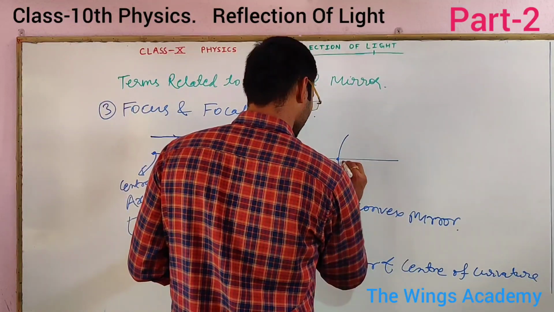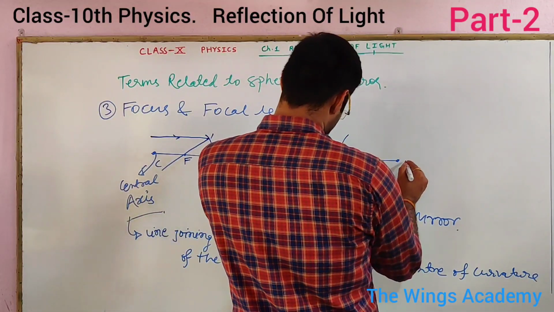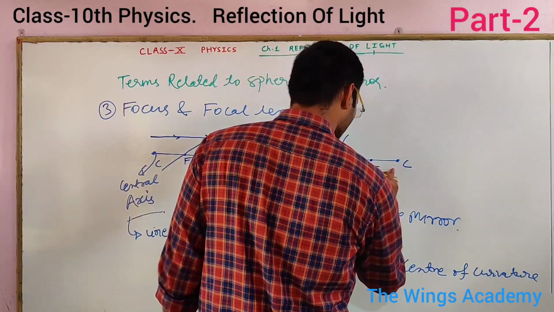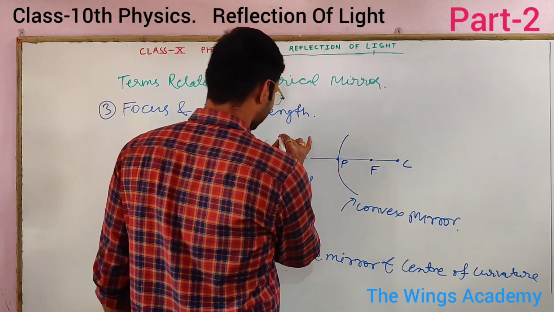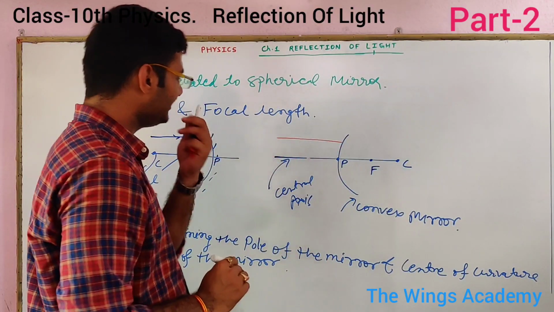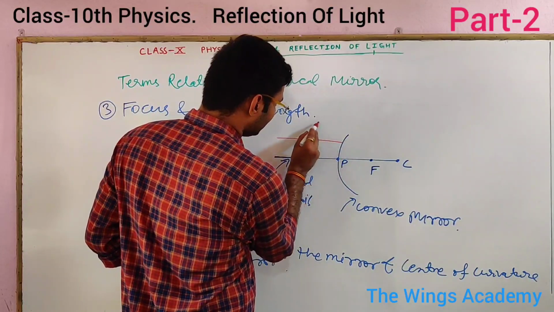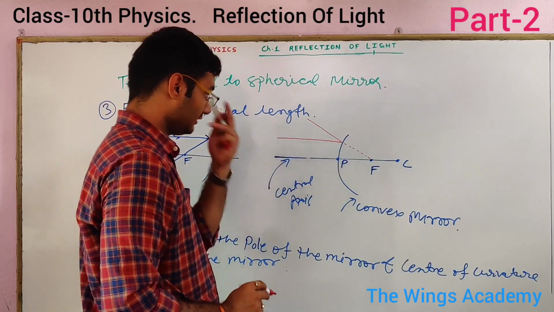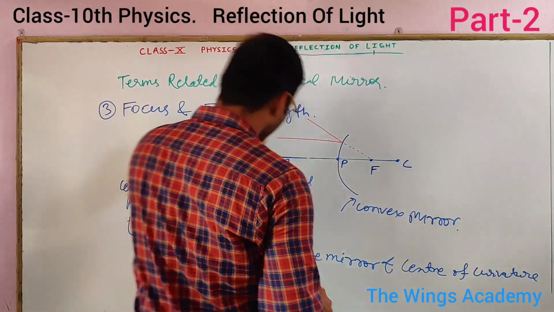This is our pole, this is our center of curvature, and this is going to be our focus. Suppose this is a parallel line coming from infinity, and it goes like this. It appears to cut the central axis at this point, and this is known as its focus.